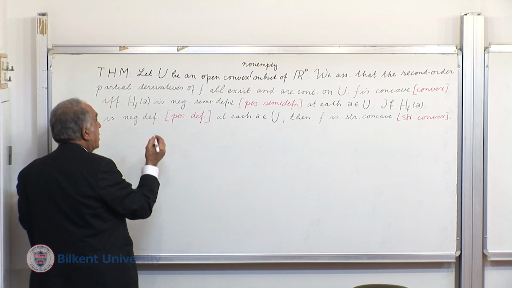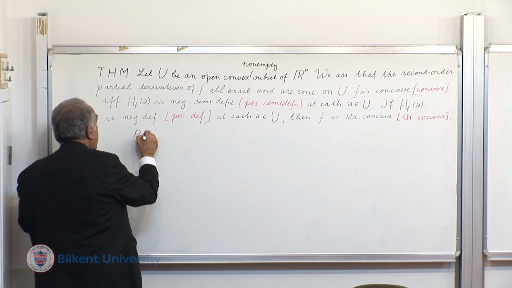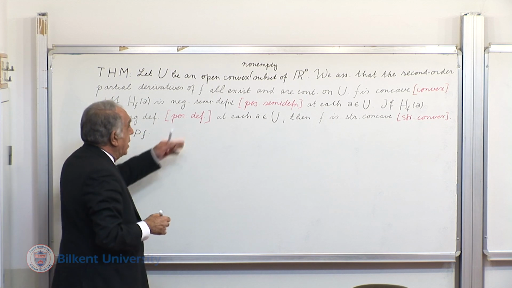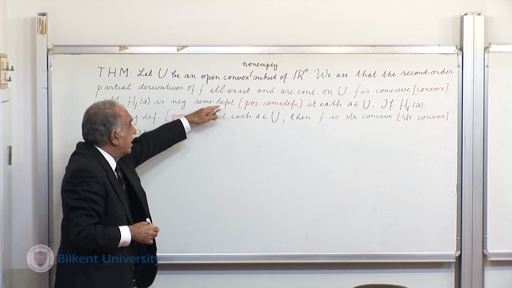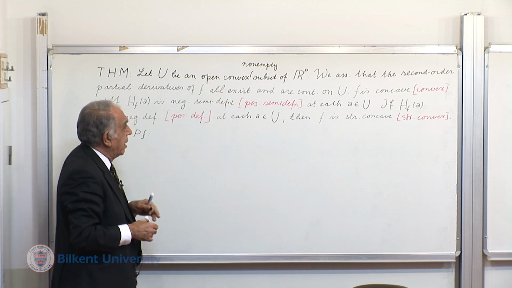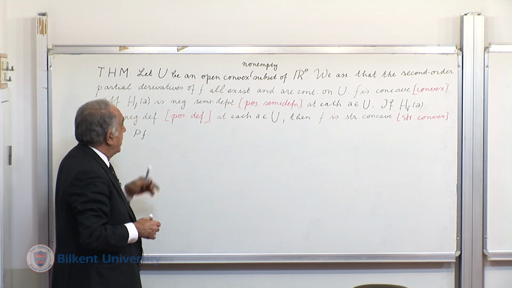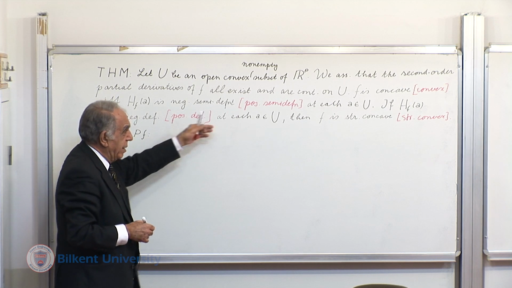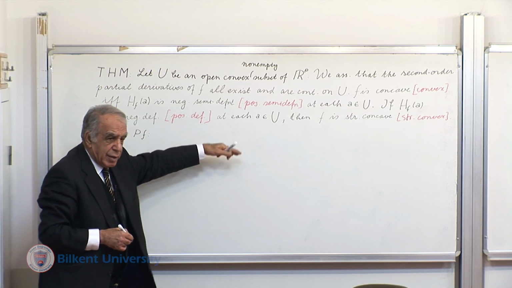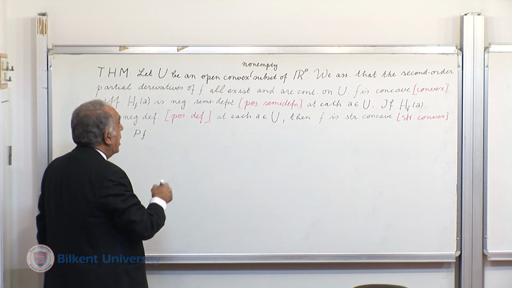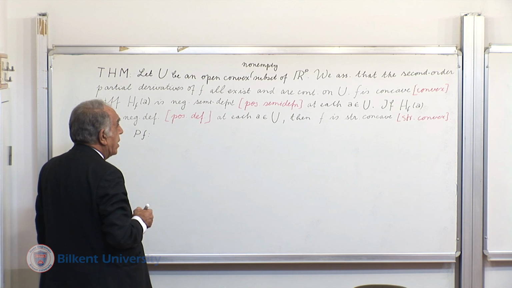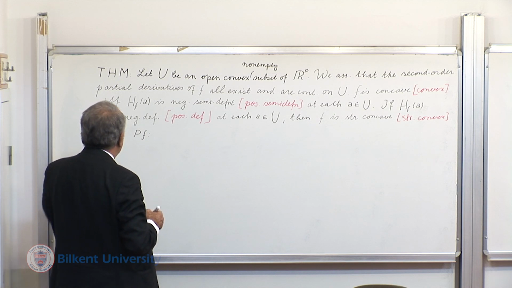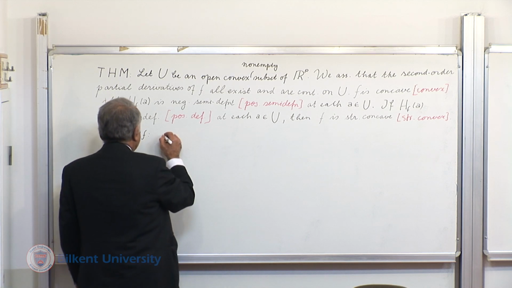So let's start with the proof of this. Now let's wait for the concave case that will automatically lead to the proof of the convex case, and well, these will be obtained actually easily from what you have for the semi-definite case. So let's first start with the if part.